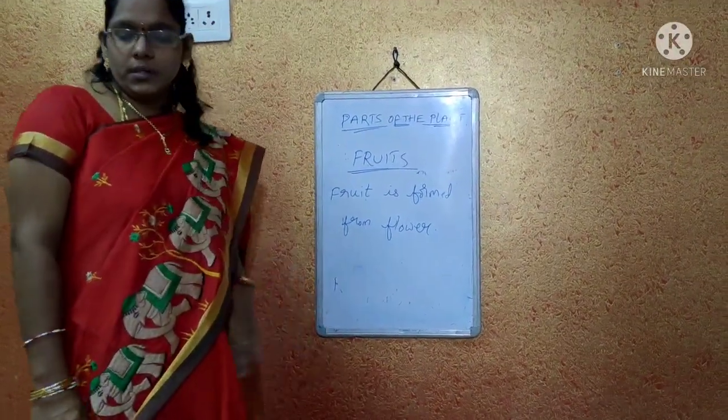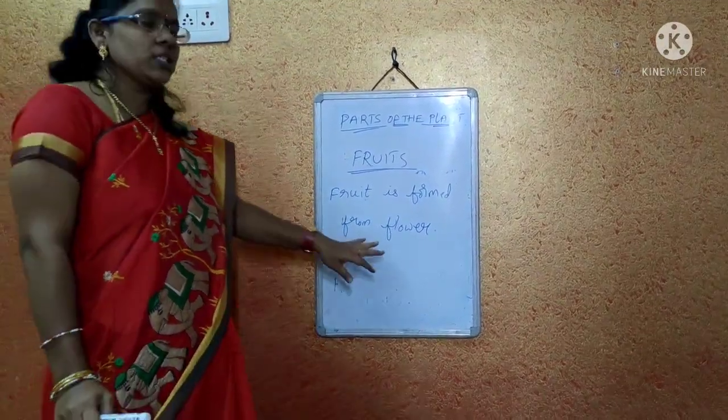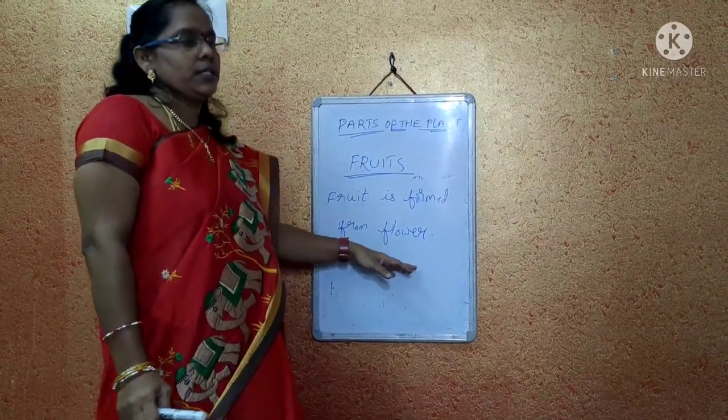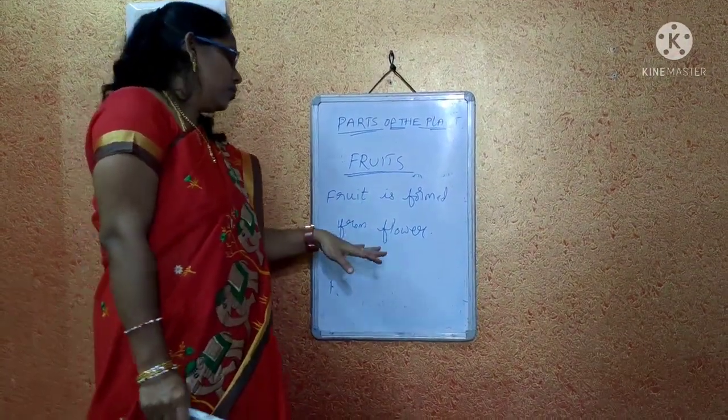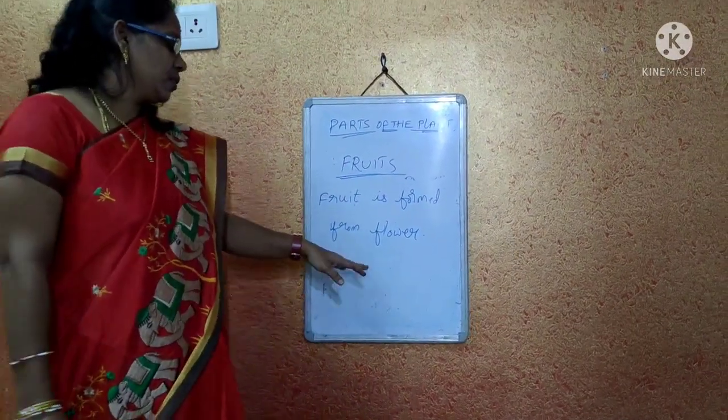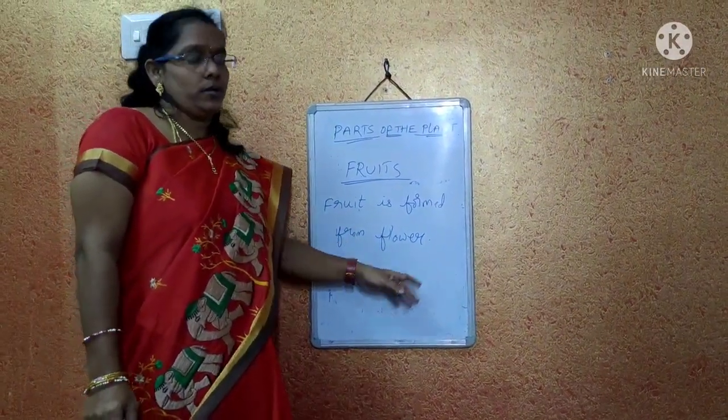Some fruits have one seed. Some fruits have two seeds. Some fruits have many seeds. Example, one seed fruit, example mango, and so on. Many seeds, for example papaya, pomegranate, and so on.